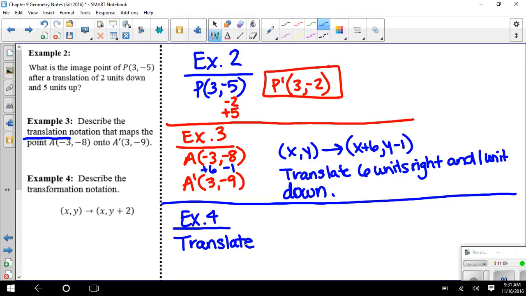But if you want to write less, you could just write translate 2 units up. And that's it. Because we didn't do anything to the x. We didn't go right or left. Okay. So those are the different ways on the EOC they could ask you about translations.